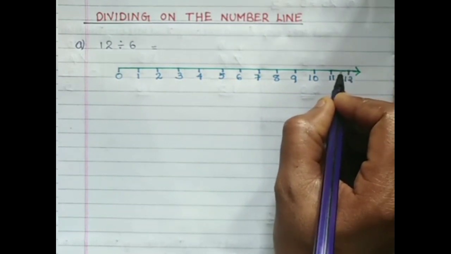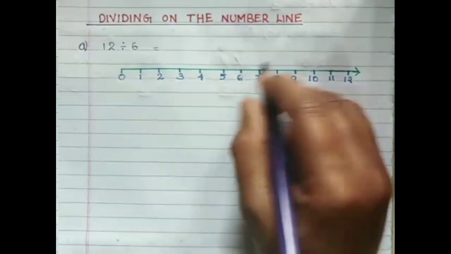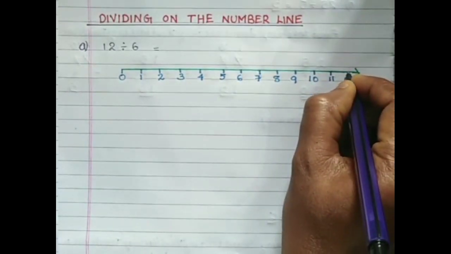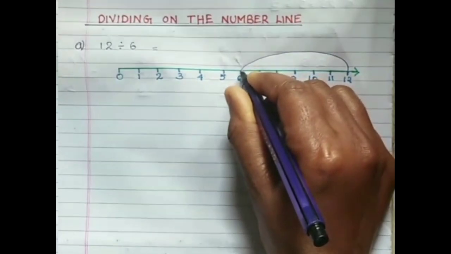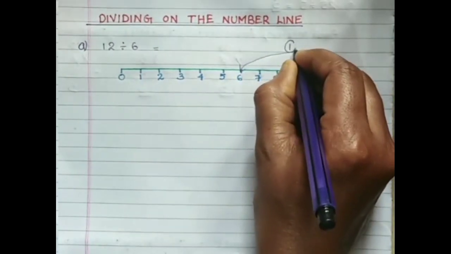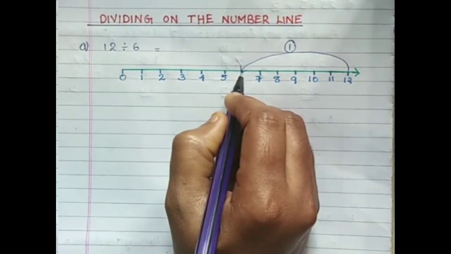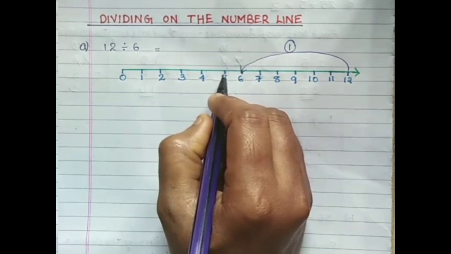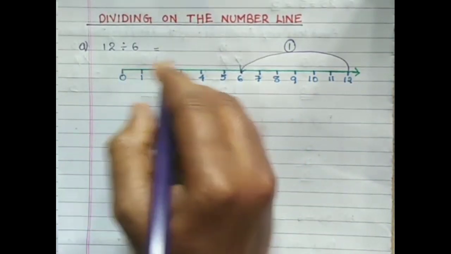Starting from 12, we have to count 1, 2, 3, 4, 5, 6. So counting 6, starting from 12, we jump our first step and we reach the number 6. Then we should count backward 6 numbers: 1, 2, 3, 4, 5, 6.